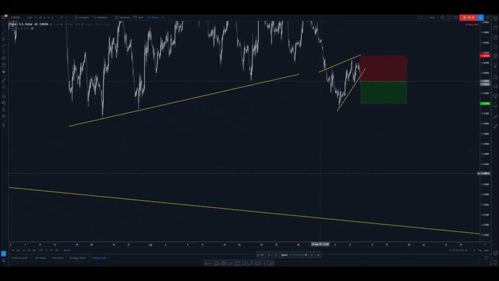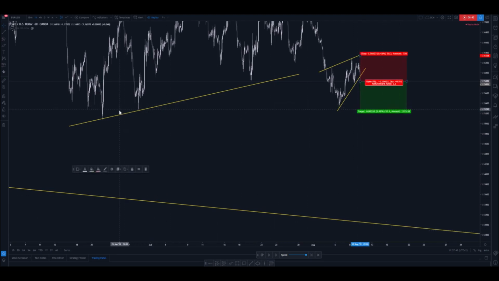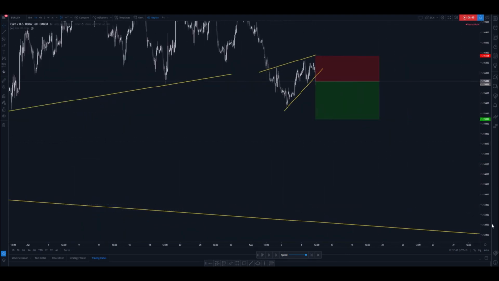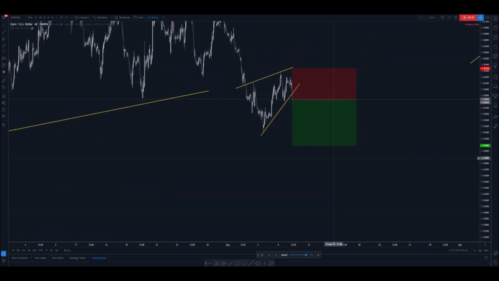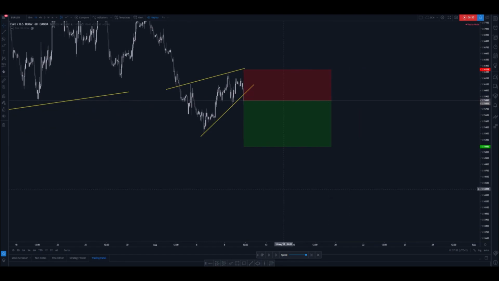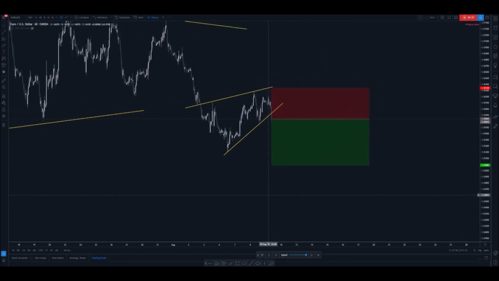Obviously we didn't know that we would be reaching this level right over here, so the next best thing to aim for is the start of this pattern right around here. So it's around 1 to 1.5 risk to reward, not that decent, but the main thing I want to show you is why we enter in this way.